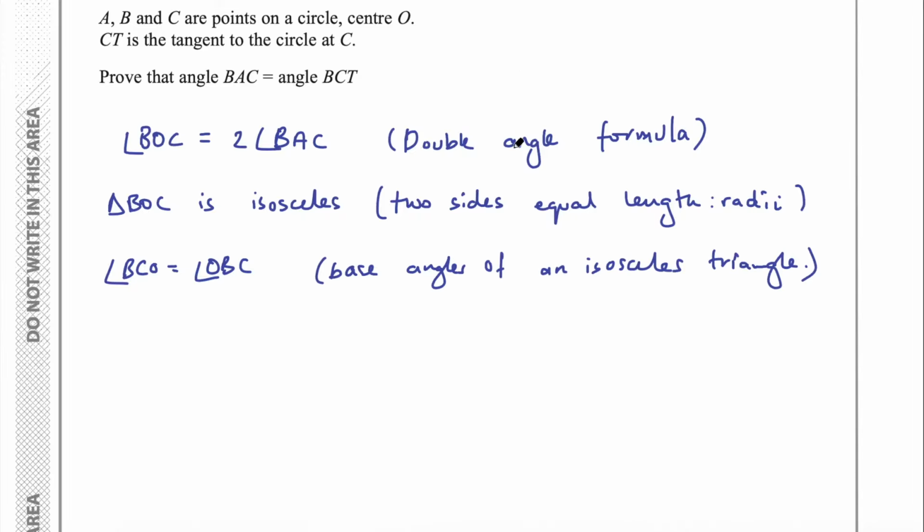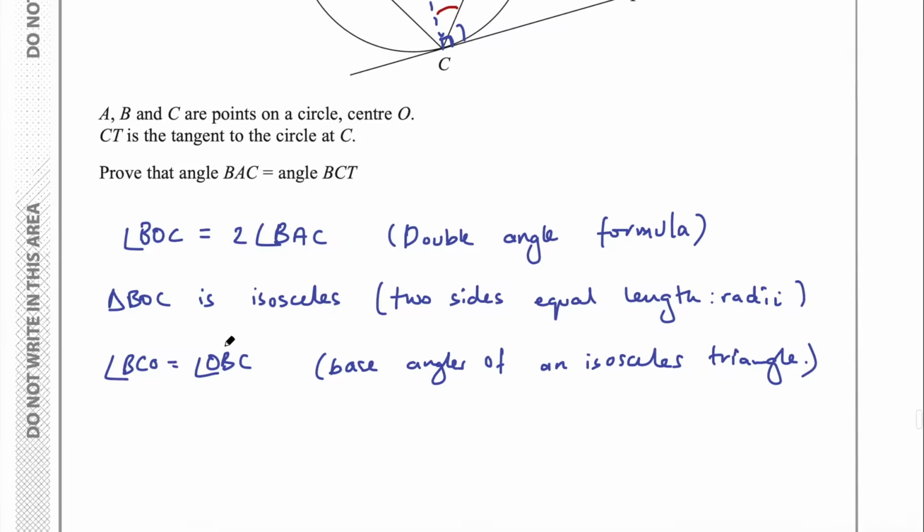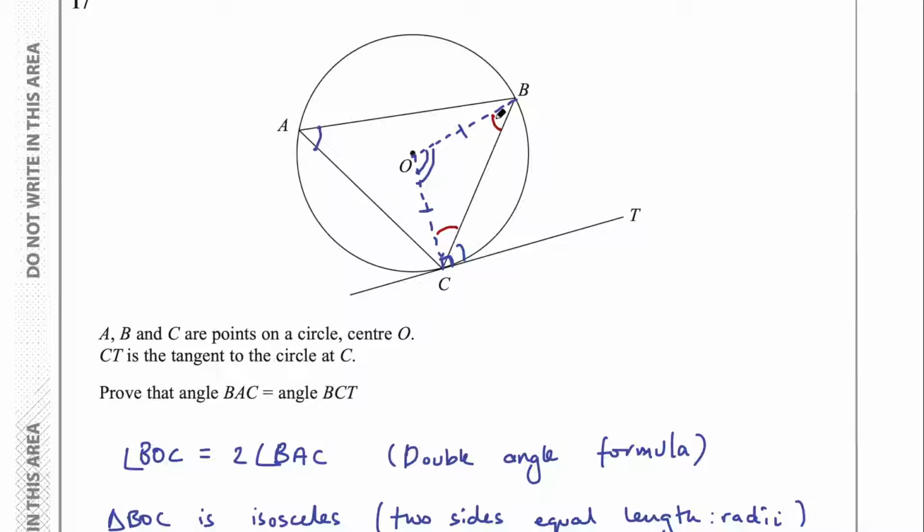Now it's really important you're giving those reasons for the working out you're showing. So these two angles are equal. Now let's give some labels here. Let's say this was alpha, and so therefore this angle at the center would be 2 alpha. These two angles are equal, so using the fact that angles in a triangle add up to 180, let's say this is beta, and this is beta as well.